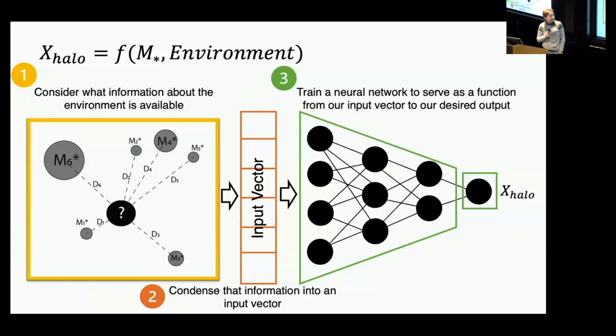The nice thing about this structure is that we can then mask different elements of the input vector to determine where we're getting the most information from about a specific halo property.